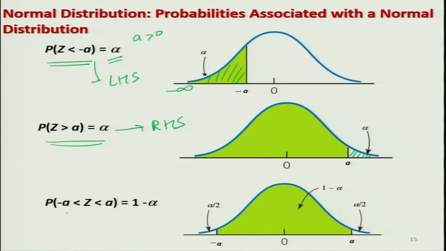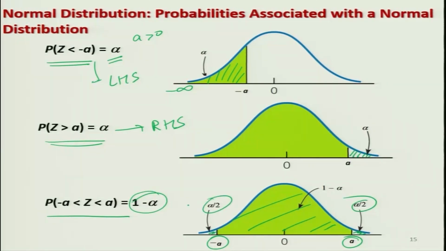And if you compute the area where z lies between minus a and plus a, this area is going to be 1 minus alpha, and if you take the same area on both sides, each of them is going to be alpha by 2.